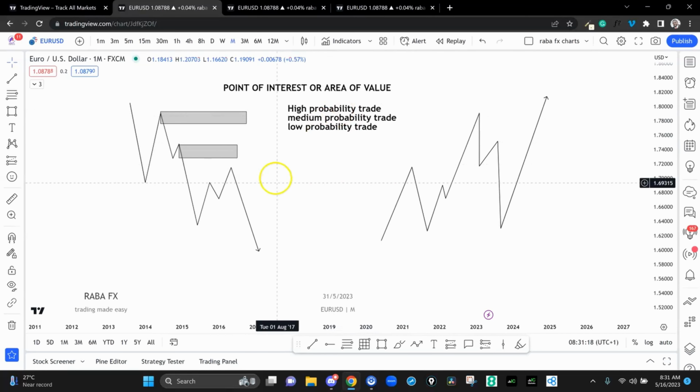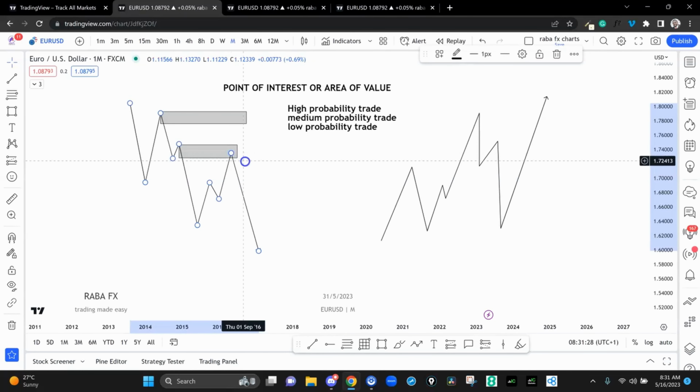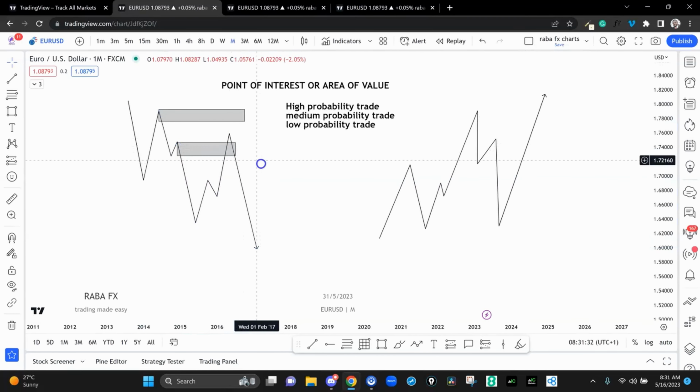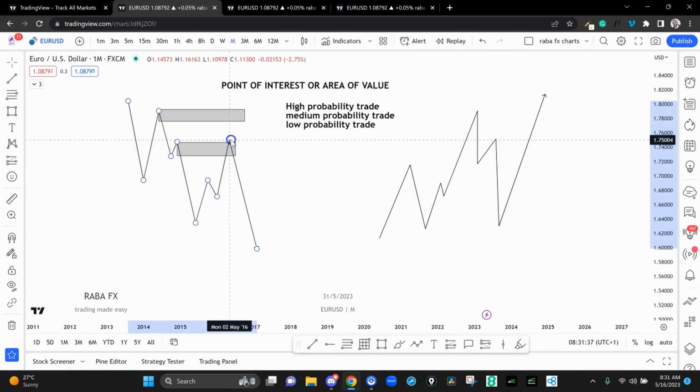Then, in that case, if you are to take the trade, you should lower your risk, probably to 0.5% and below, because they are low probability. Because a low probability trade, in most cases, has a tendency of what? Losing, most of the time. So in that case, if it takes you out, you are simply risking a small amount of money.